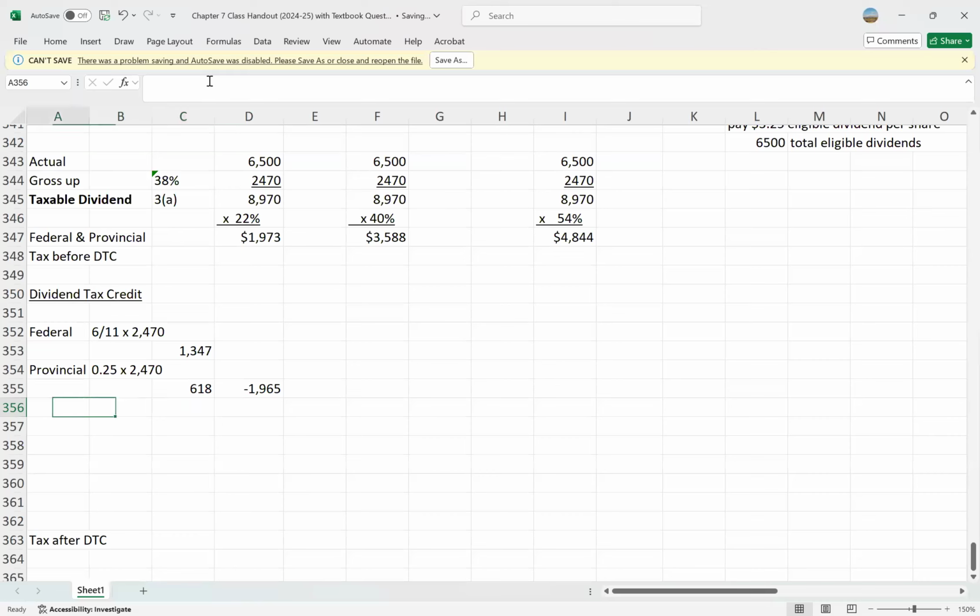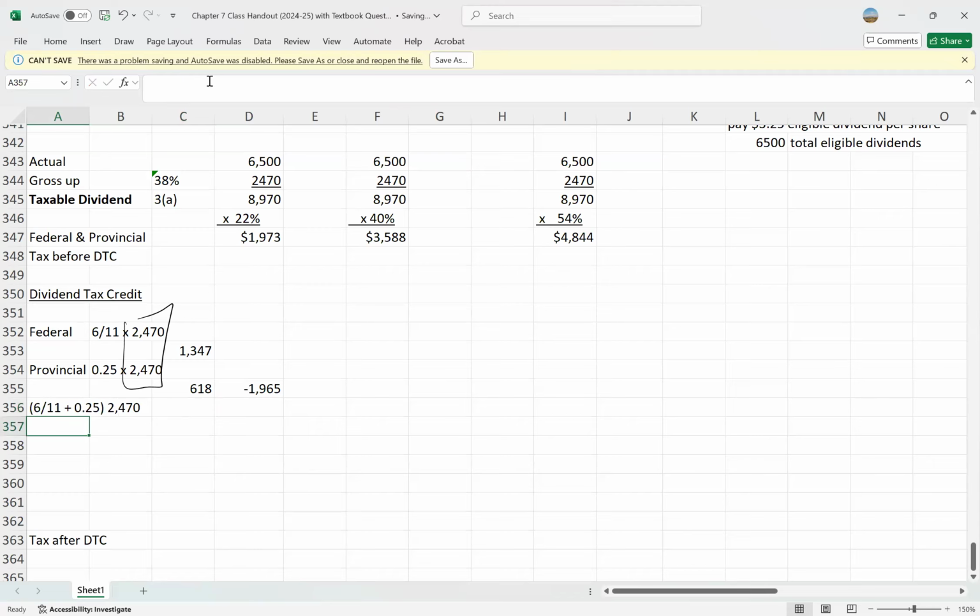Now, sometimes you can combine the calculation because both of them are being multiplied by the gross up, right? So another way of doing this, if you're trying to do it quicker, you can just go 6/11, put that into your calculator, plus 0.25, and then take that number times 2,470.